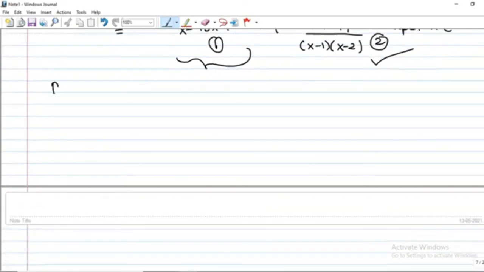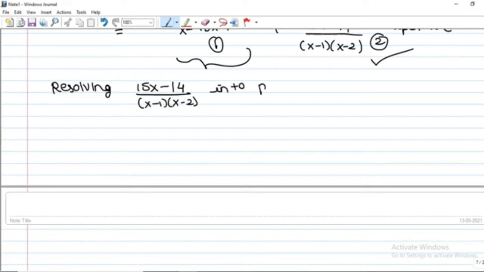So resolving 15x minus 14 the whole upon x minus 1 into x minus 2 into partial fractions. What do we get if I resolve into partial fractions?